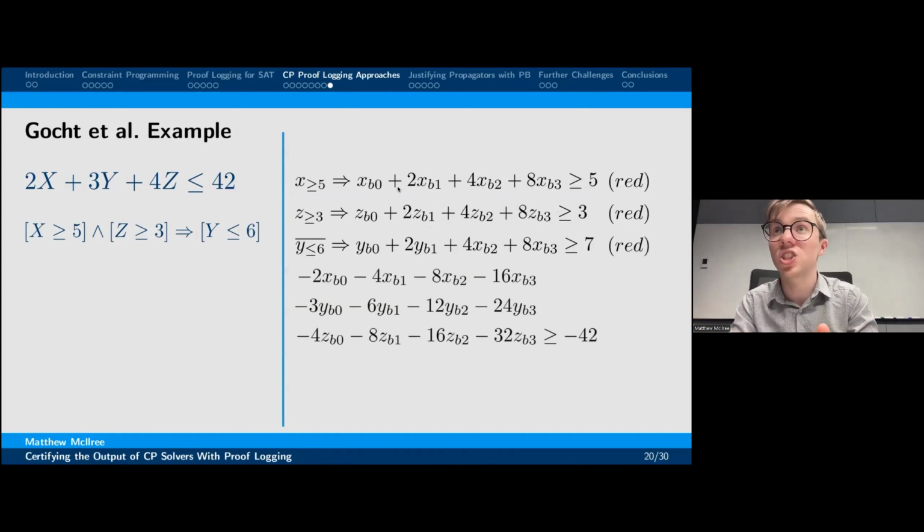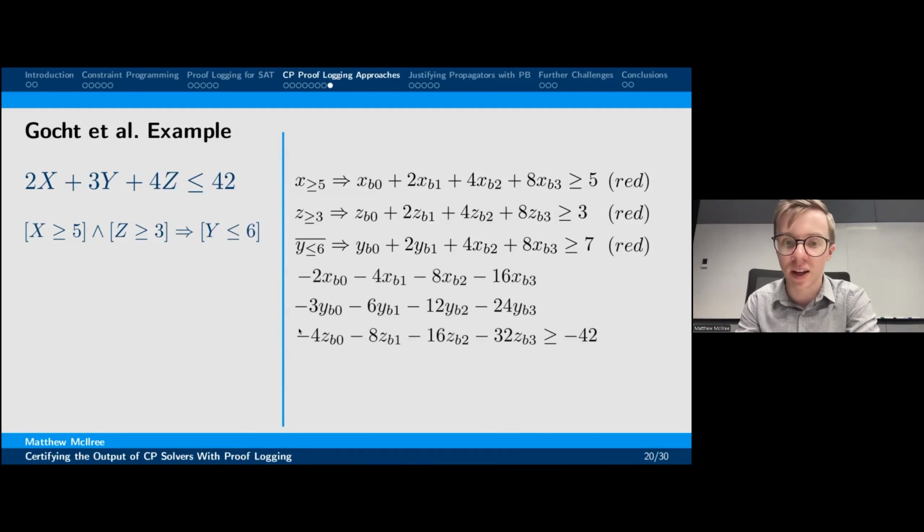So we're changing the viewpoint here a little bit, in that instead of giving the CP solver's model directly to the proof checker, we have to encode it first in a language that the proof checker understands. But certainly for linear constraints and for all of the constraints that were dealt with in the previous paper, this is very straightforward to do.